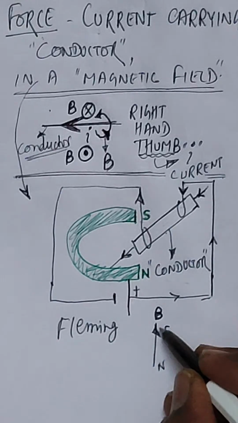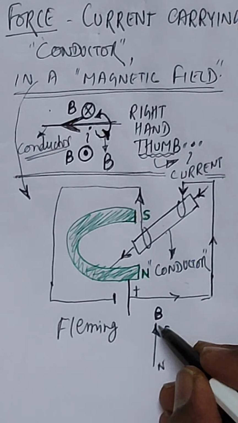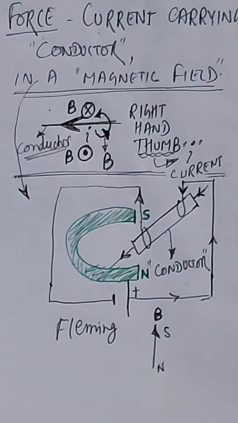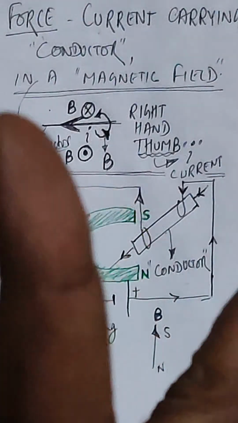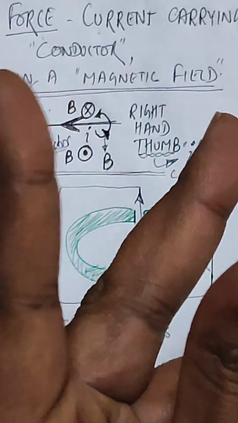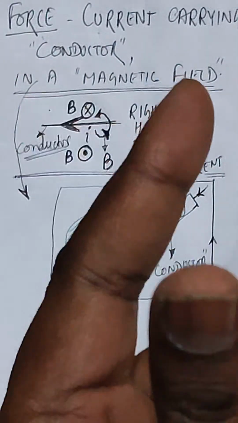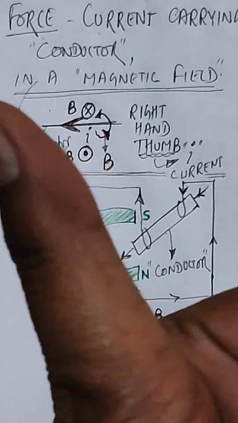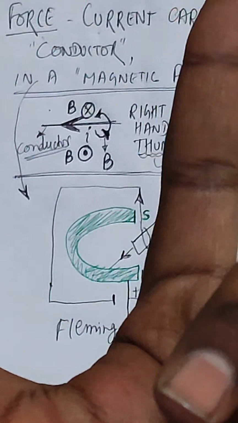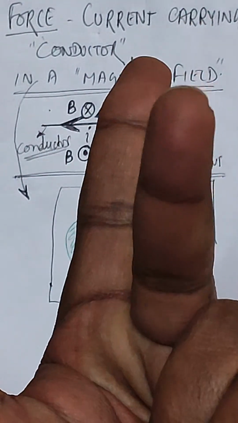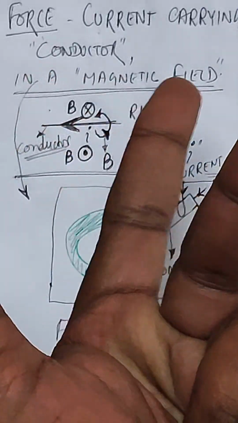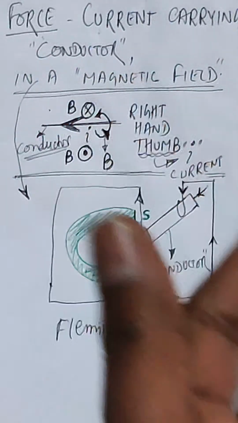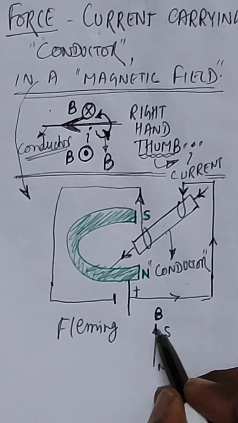When the direction of the magnetic field is known to you, use your left hand like this. Use your thumb stretched like this, use your forefinger stretched, and use your middle finger stretched like this.